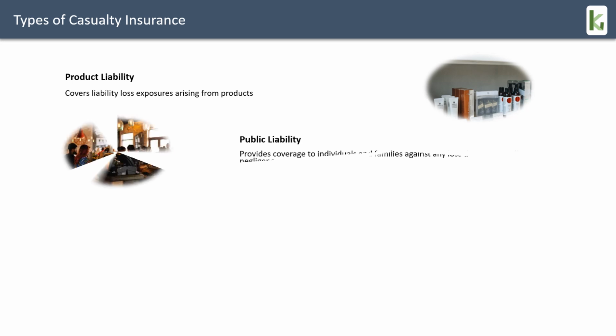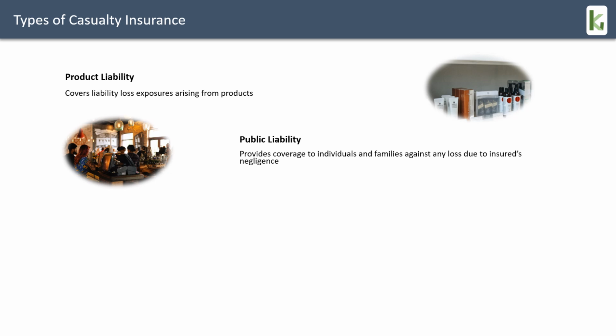The second type is public liability that provides coverage to individuals and families against any loss due to insured negligence. Like we talked about, an undesirable occurrence in your house where a guest fell down on your staircase because of an oil spill. Now the oil spill will be considered the negligence, and the injuries caused to the guest will be considered the loss there.